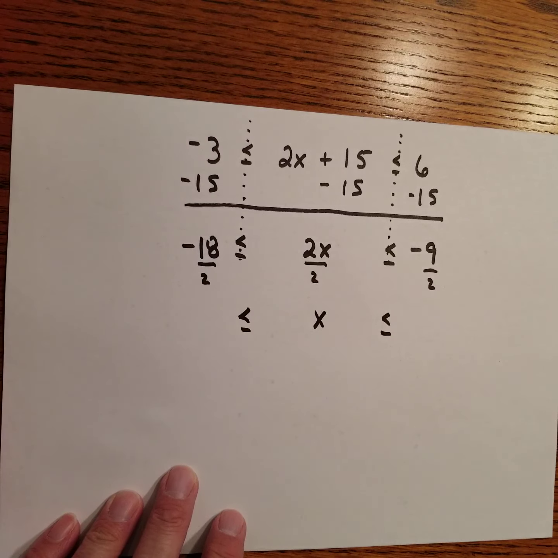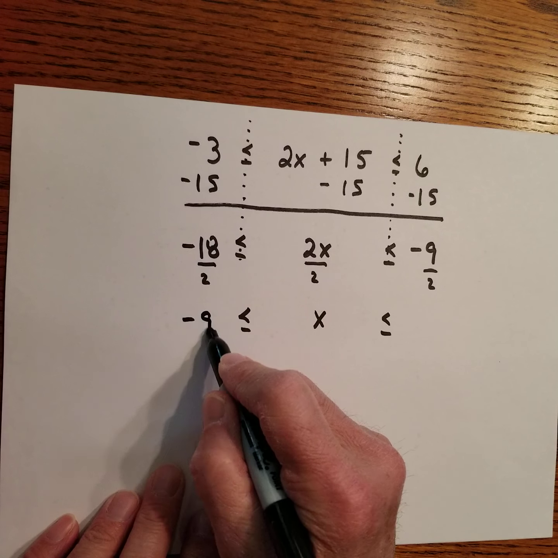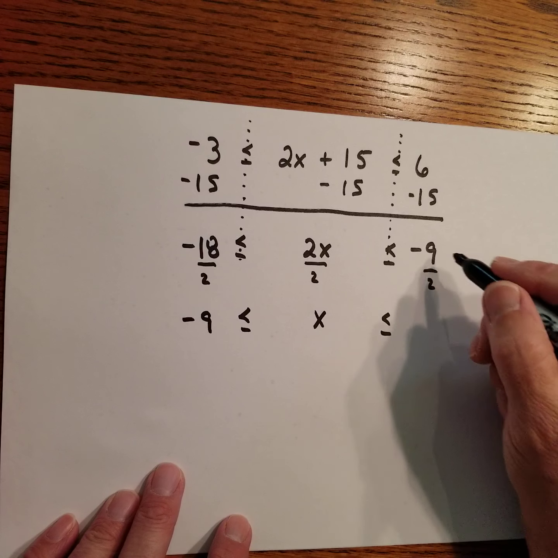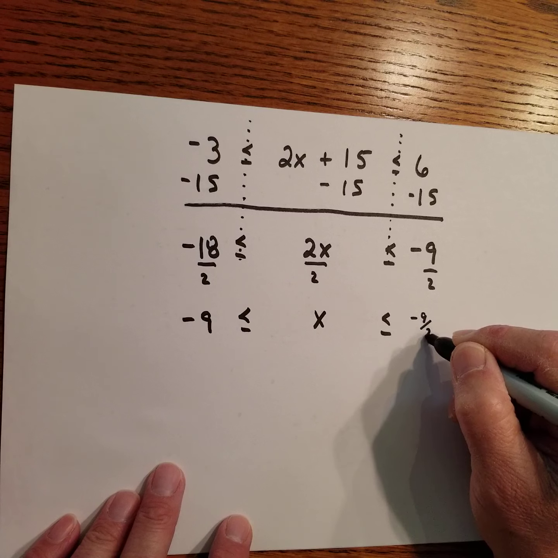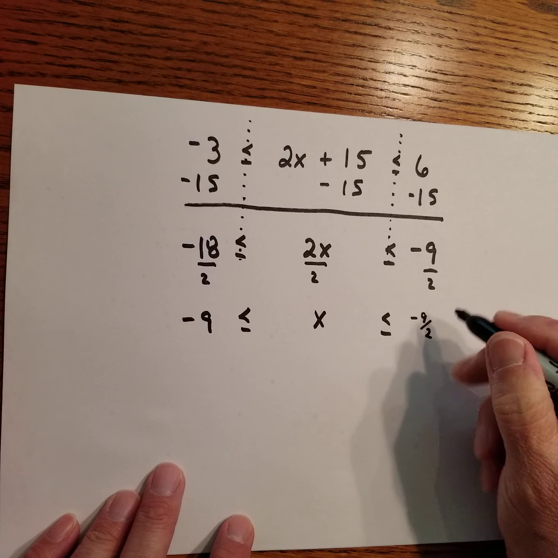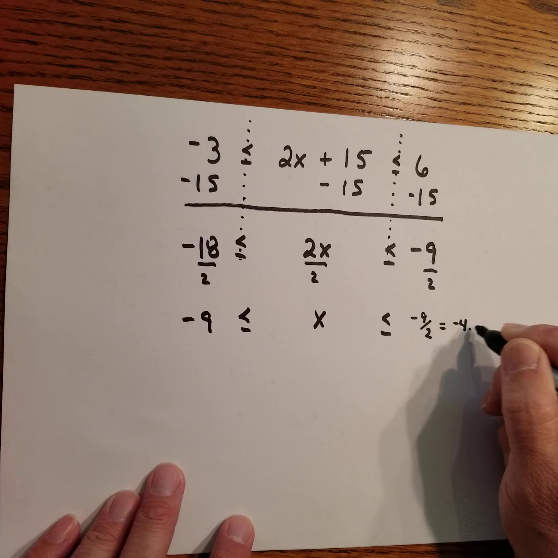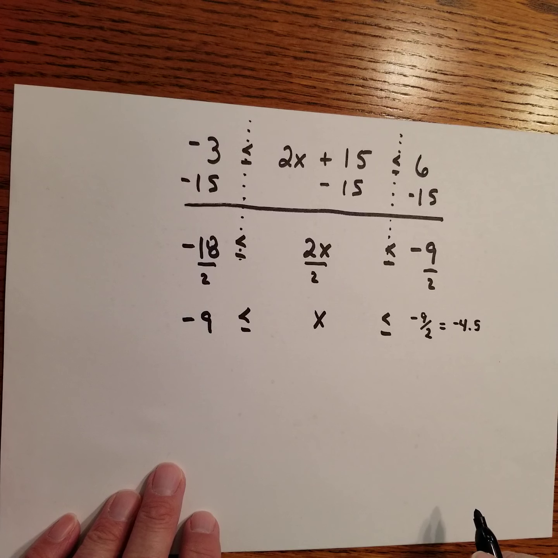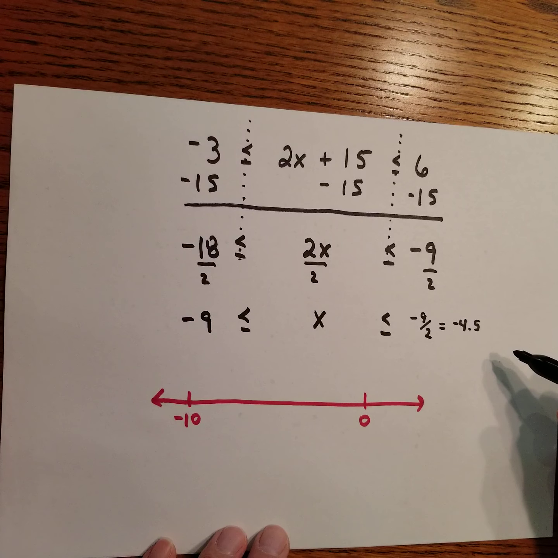That's what we wanted, is x by itself. -18 divided by 2 is -9. -9 divided by 2, I'll just show that as -9/2. If I were to take 9 and divide it by 2, that's the same as -4.5. I've completed the solve step.